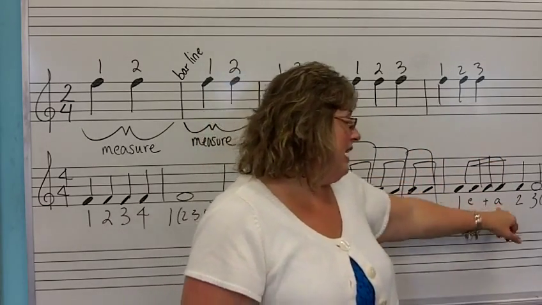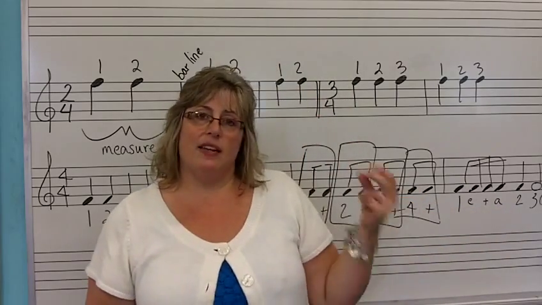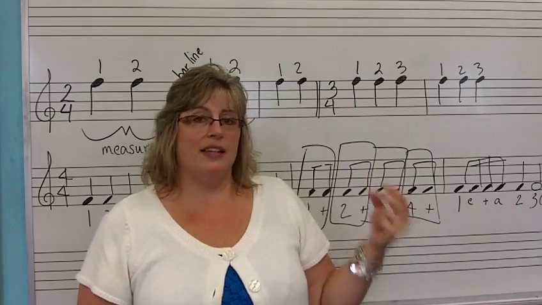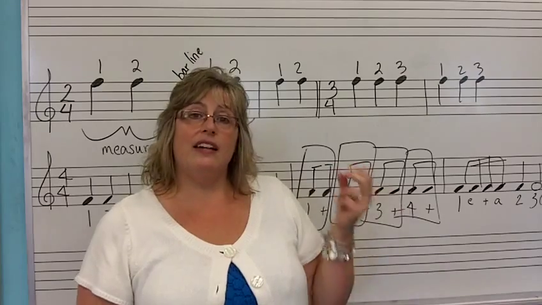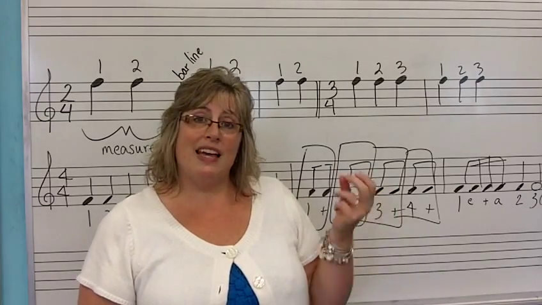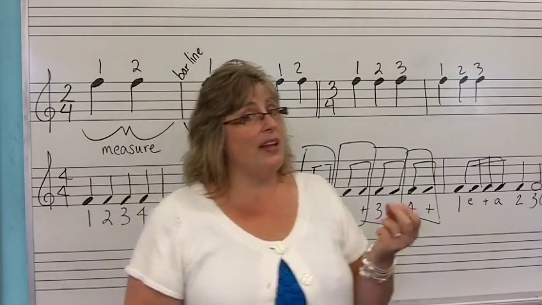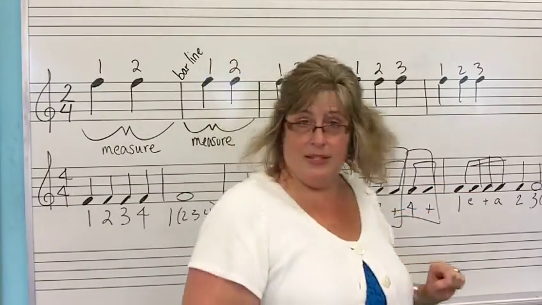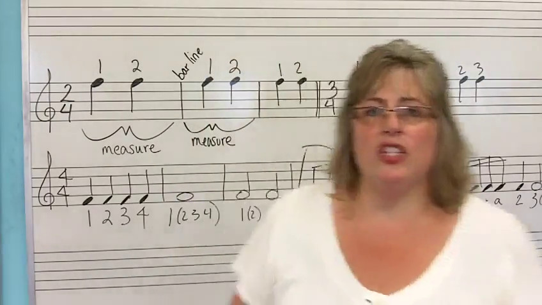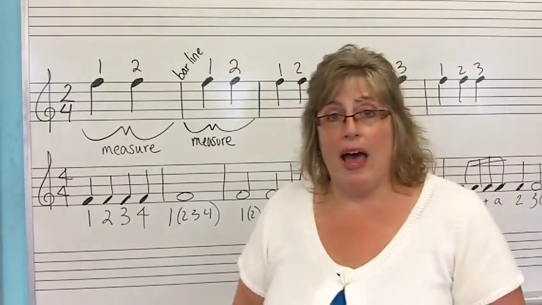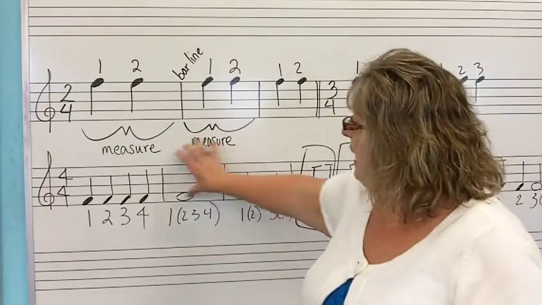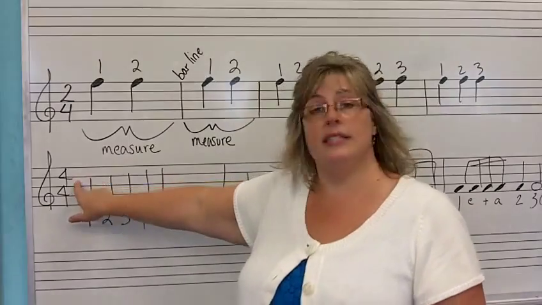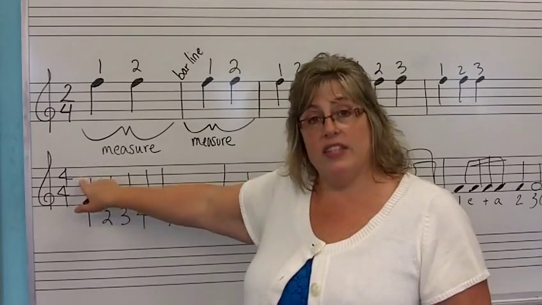So I'm adding an E and an A. So if this is my beat, this is 1 beat, I'd have to have la la la la la la la la, 1E and a 2E and a 3E and a 4E and a. So I have to get 4 in the place of 1 beat. I can have any combination of rhythms as long as whatever it adds up to is the same as the top number of the time signature.